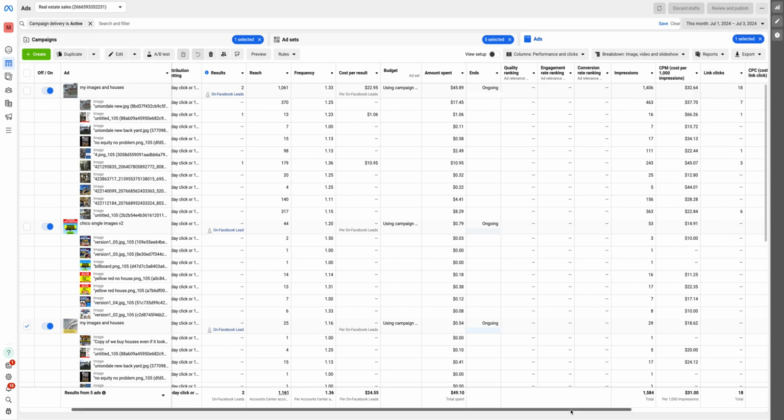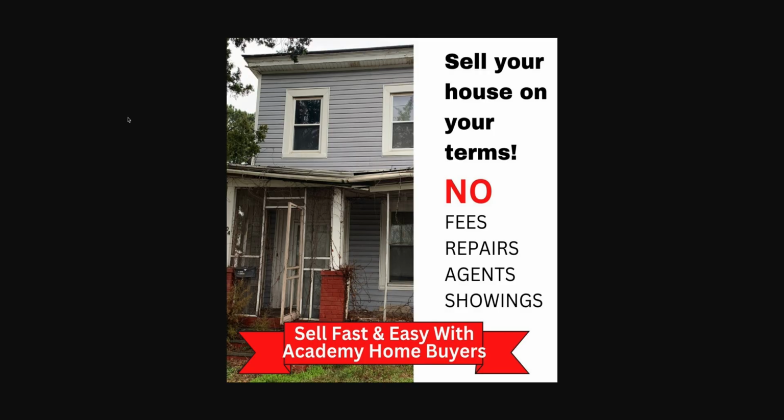Let's see what we have over here. Both of our leads came from this group of ads, right? One came from this. This is a house in Suffolk, the bat house that we bought. I made this in Canva.